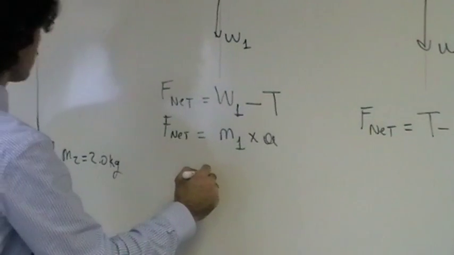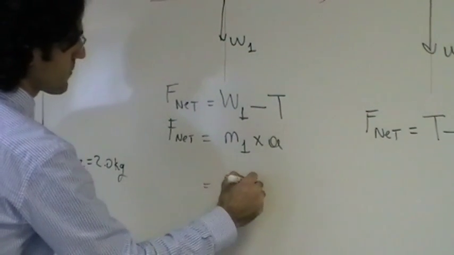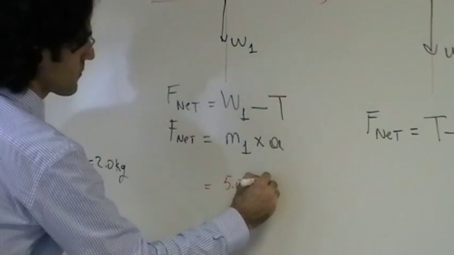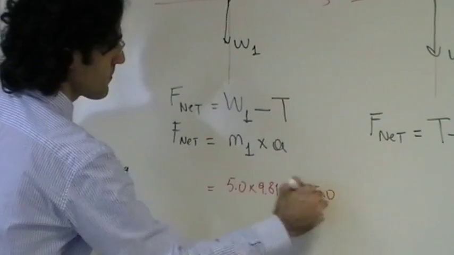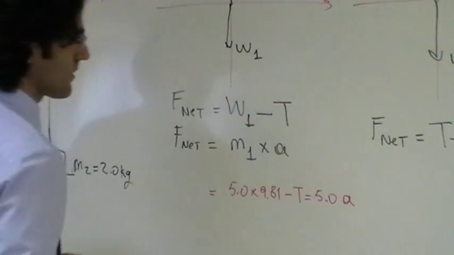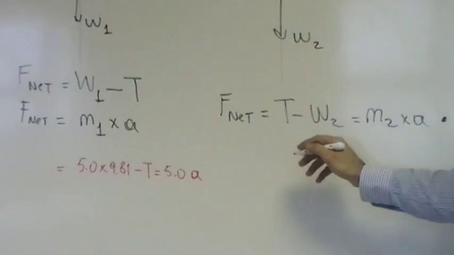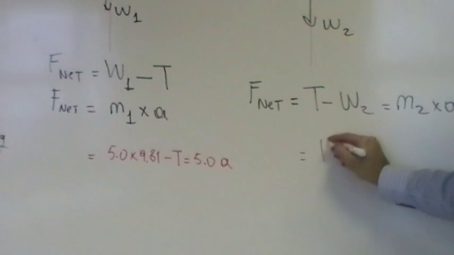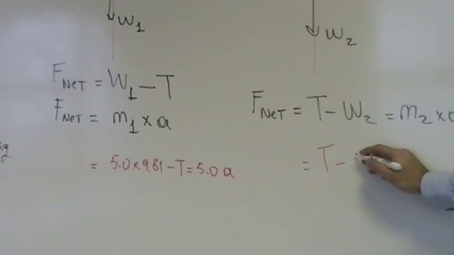The weight of mass 1 is 5.0 multiplied by g, 9.81, minus T, which will be equal to 5.0, the mass of 1, multiplied by acceleration, which I will call a. I will write this equation again. T is something that I don't know. Weight of the second object is mass times g.